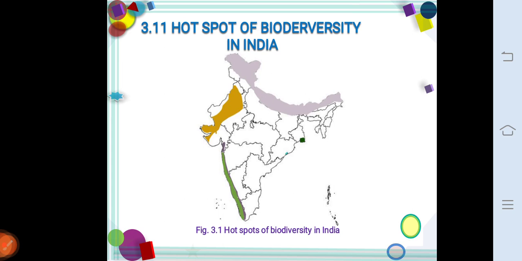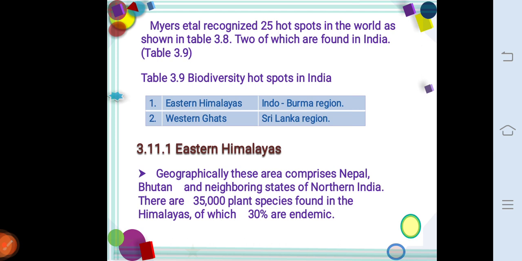Factors influencing habitat loss: first one is deforestation. The loss of habitat is mainly caused by deforestation activities. Forests and grasslands have been cleared for conversion into agricultural lands, resettlement areas, or developmental projects.